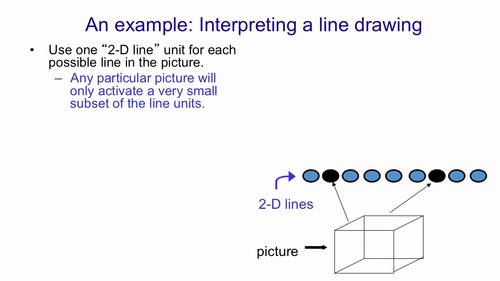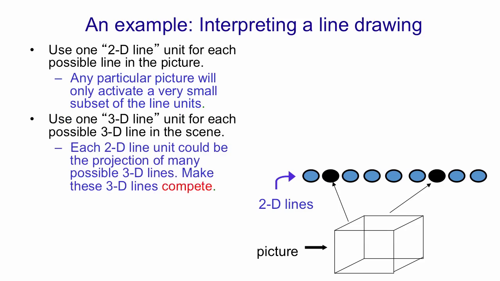Don't worry for now about the fact that that would require too many neurons. So for every possible 2D line, we have a neuron. In any one picture, only a few of the possible lines will be present, and so we'll activate just a few of those neurons. So I've shown 2 edges in that picture, activating 2 of the neurons. And those are neurons that represent 2D lines. They're the data.